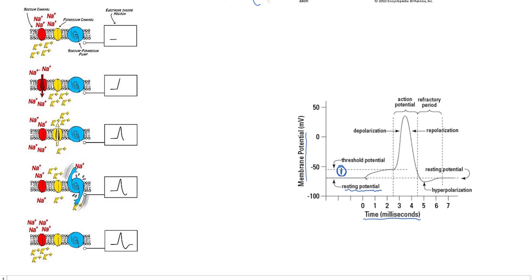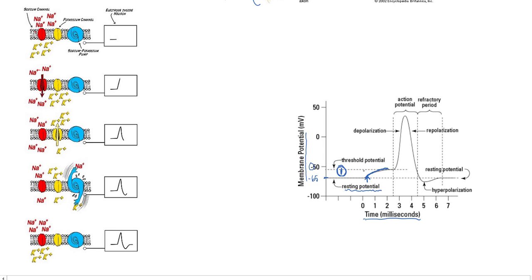So then at this point some sort of stimulation has occurred and it's causing the membrane potential to increase. So remember over here, we're looking at a resting potential of around minus 65 to minus 70 millivolts, right? And so some sort of stimulus causes the membrane potential to increase.